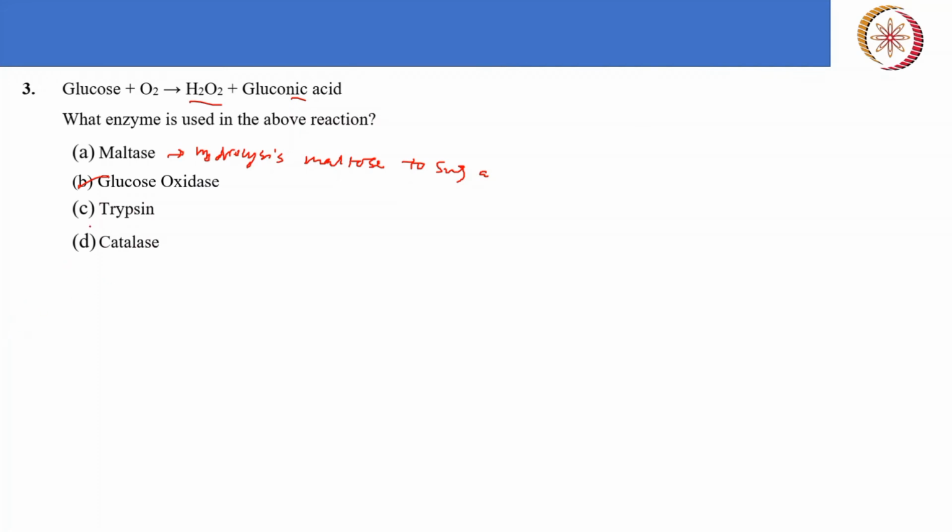This is the enzyme which can break protein molecules to amino acid. And catalase, what is the function of catalase? Basically catalase can transfer H2O2, hydrogen peroxide, to O2 and water molecule. So this is the function, so the answer is glucose oxidase.